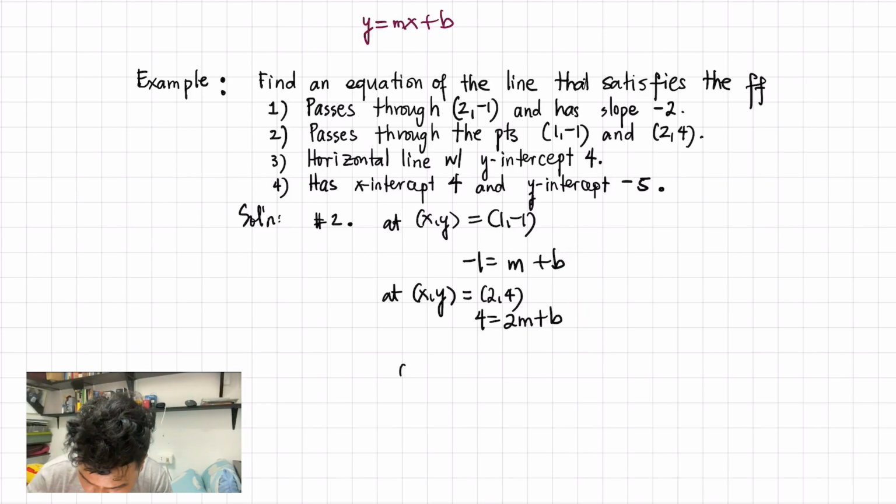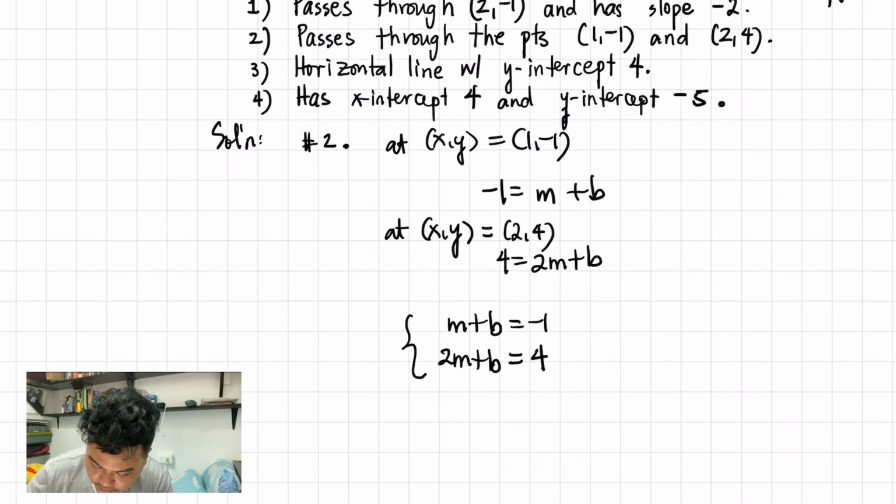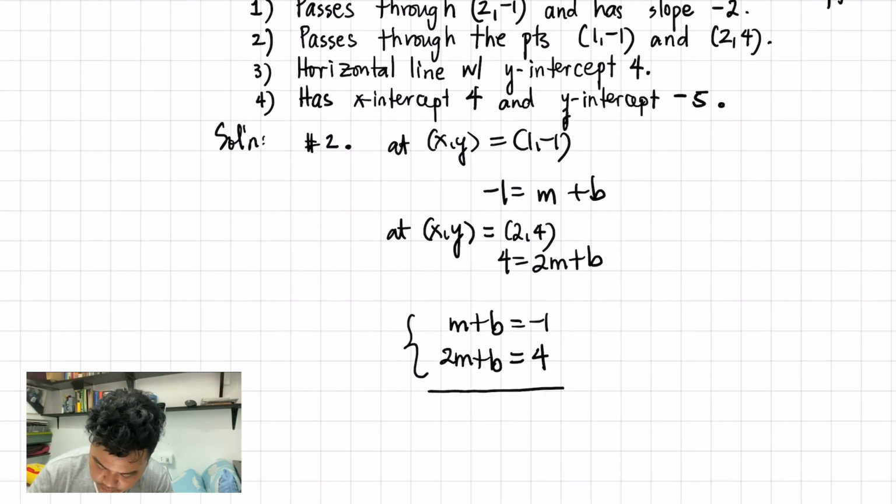So let me write those 2 equations. m plus b is negative 1. 2m plus b is 4. So what you're going to do is subtract the 2 equations so that the letter b's get cancelled, and you can solve for m.